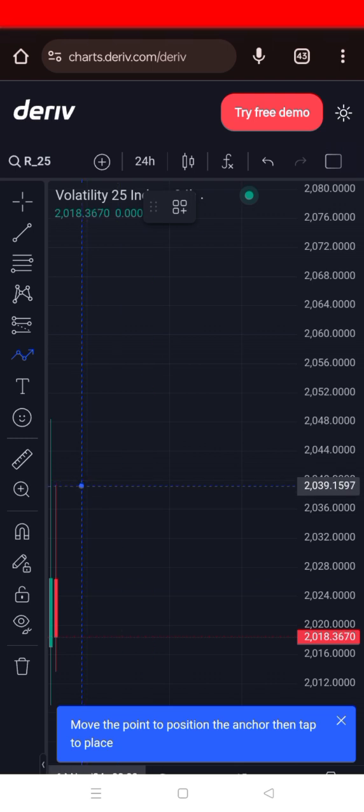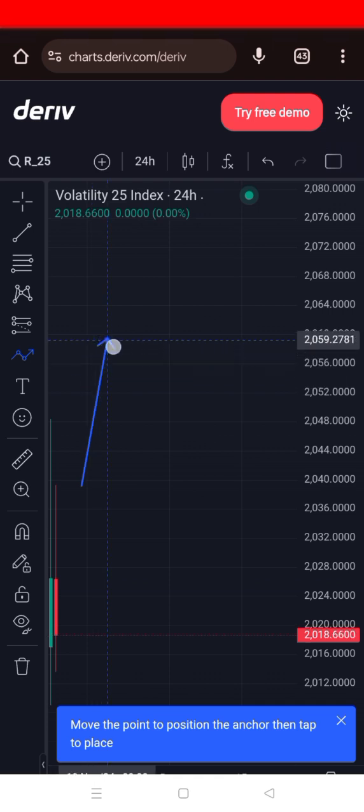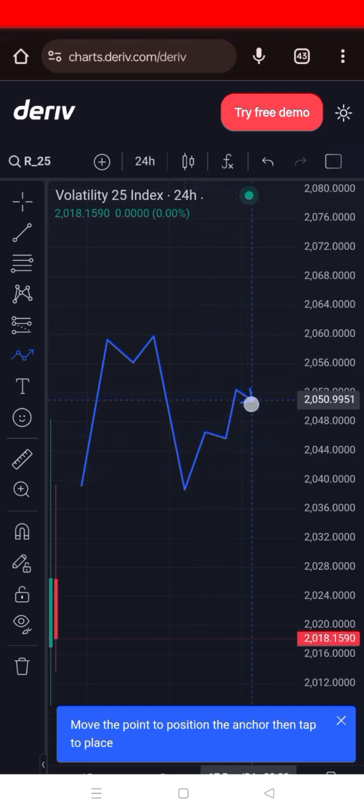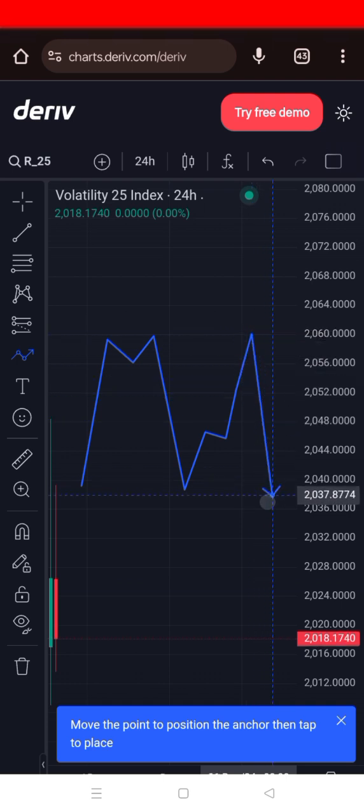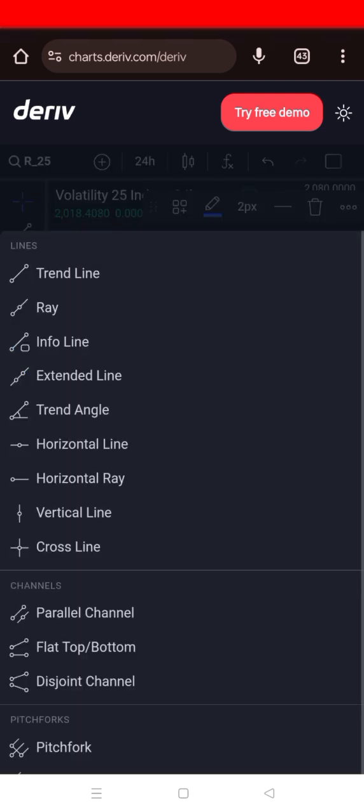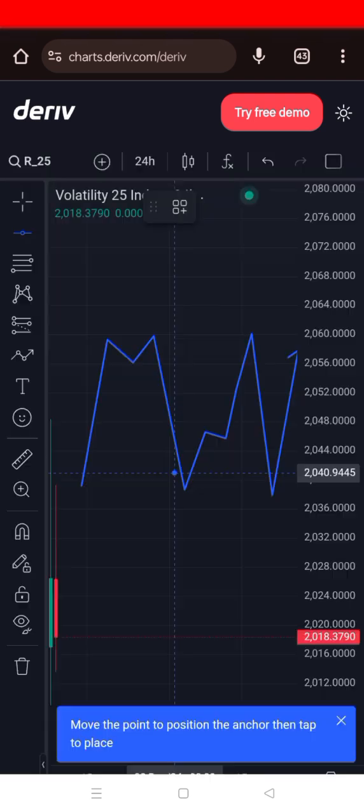Most of you have known how to identify the support and the resistance. The market has moved up, reached that zone, then made its direction towards the downside, reached the same zone that it was at, then moved up, because the market moves creating sweeping liquidity, then moves down. So these points now become either your support or your resistance zone.